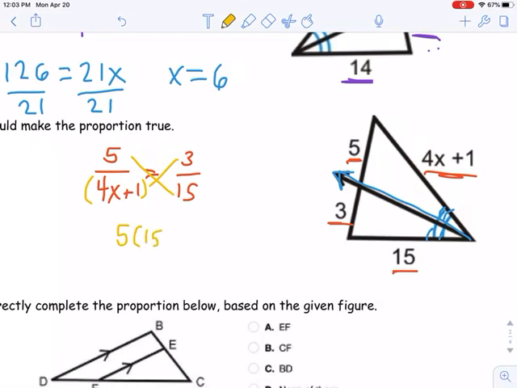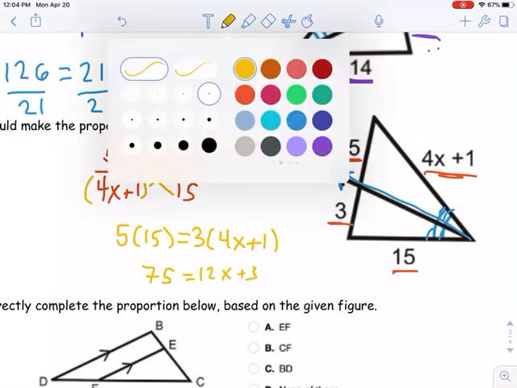You're going to get 5 times 15 equals 3 times 4x plus 1. What's 5 times 15? It's going to be 75. And then we got 12x plus 3.